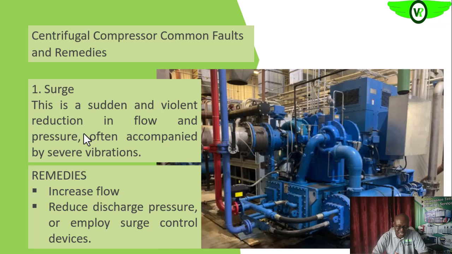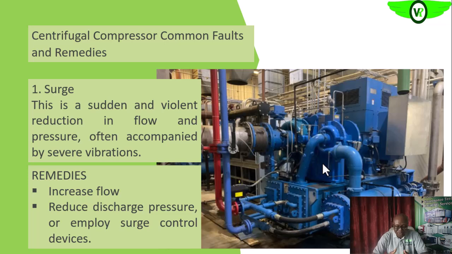Then we can reduce the discharge pressure, okay, by bleeding. We can bleed at the discharge, so that the pressure at the discharge end will reduce, which means that it will have an alternate route to relieve itself.